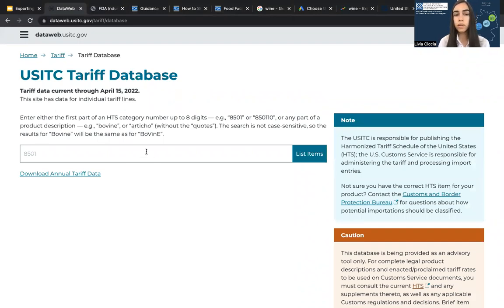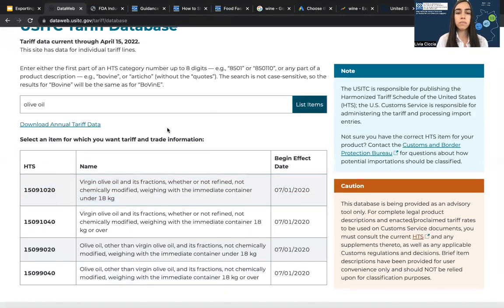And here you will want to search for the products that you want to export. For example, if we are thinking about exporting olive oil to the US, we will look for olive oil and then click on list of items. And this is the result.